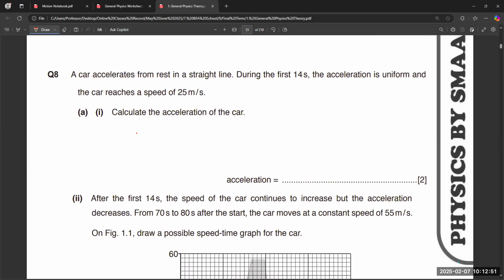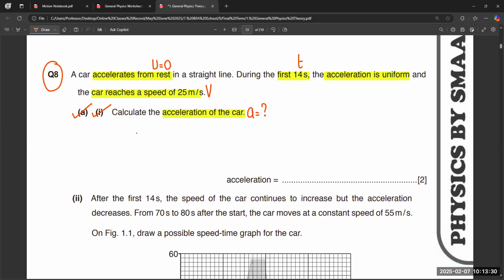Okay, in the same way, we have another question. A car accelerates from rest. So again, the car is accelerating from rest. Initial speed 0. During the first 14 seconds, the acceleration is uniform, and then the car reaches a speed of 25 meters per second. Calculate the acceleration of the car. Initially we are starting from rest. Time is 14, and this is the final speed.